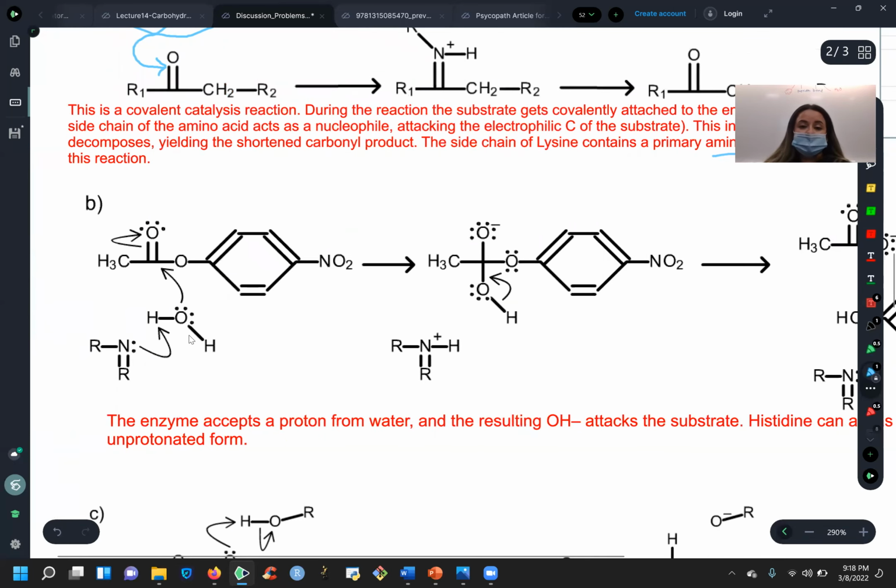So the water is not here anymore. We have N with the two R's and then a hydrogen. Okay, so this nitrogen stole that hydrogen from the water. Okay, and then the oxygen with the hydrogen that was left over went and joined this molecule over here.